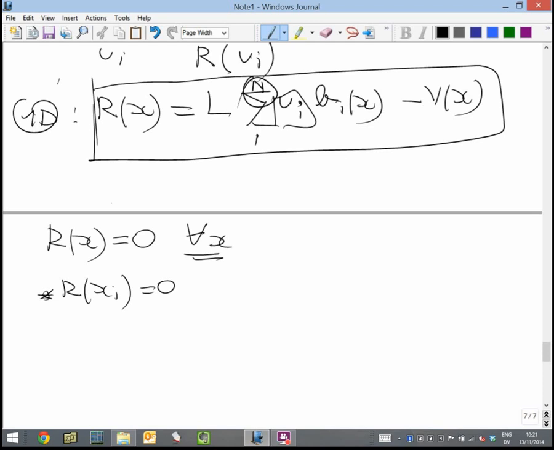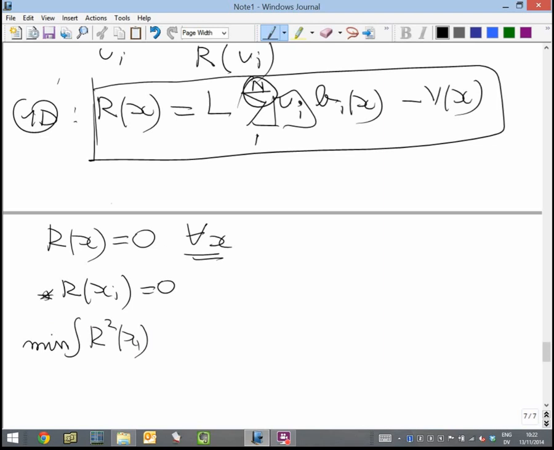So asking R of x equal to 0 for all possible values of x, that's a bit too much. But you could also ask, for example, that the error is as small as possible. That the error, the energy in the system, like for example the integral of R of x or the integral of R of x squared, that you minimize this, that you minimize the energy in the error, that this is as small as possible.